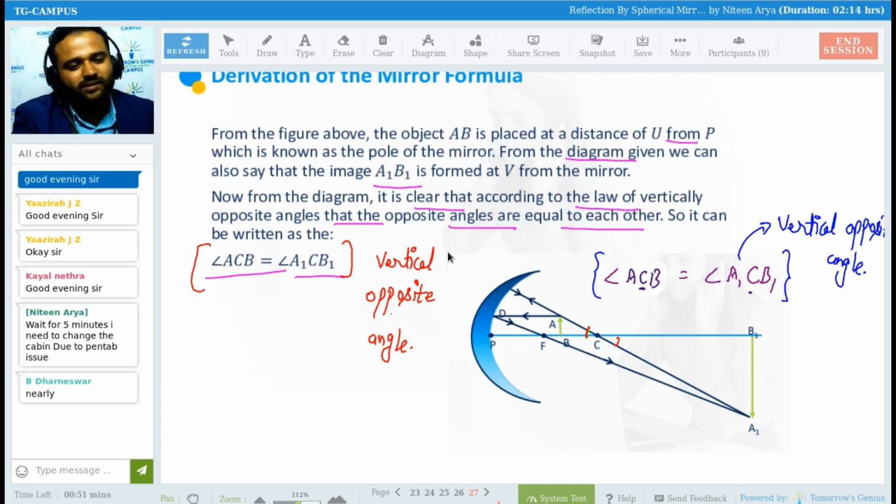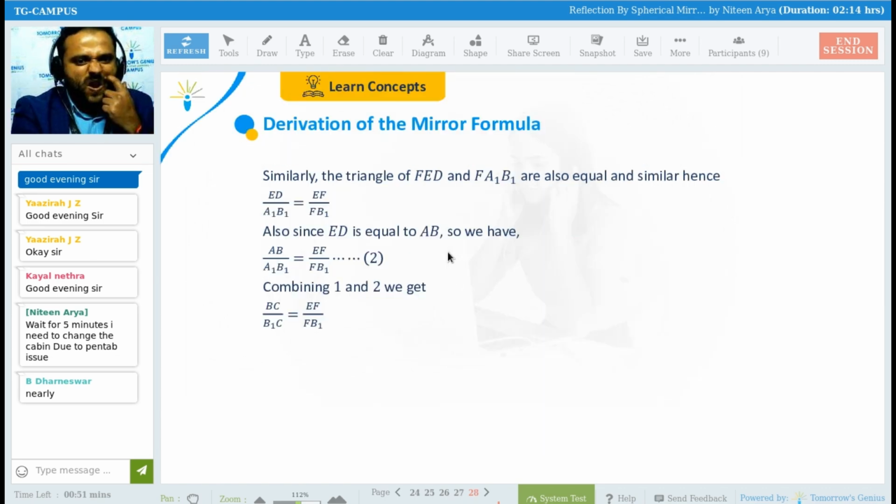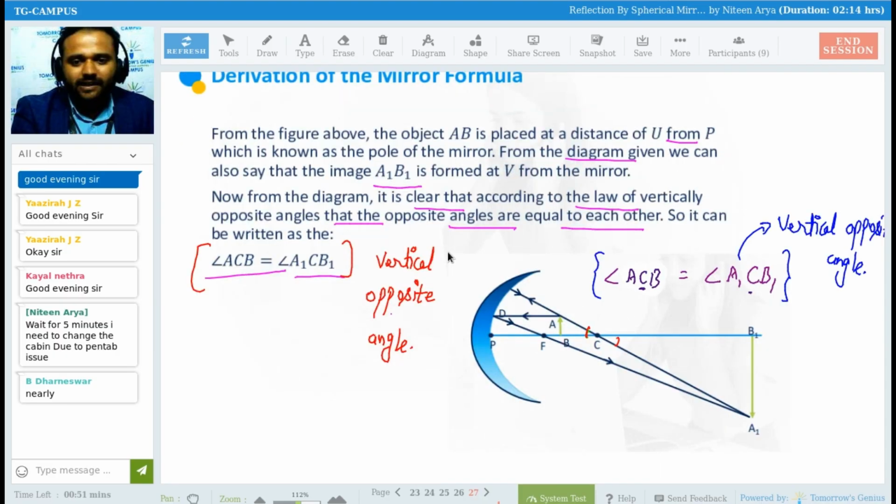Oh my goodness, so many things. Even I am going to get bored explaining this. Wait. Okay, see one thing. Again, so many times I need to copy paste this formula. Okay, wait a minute.